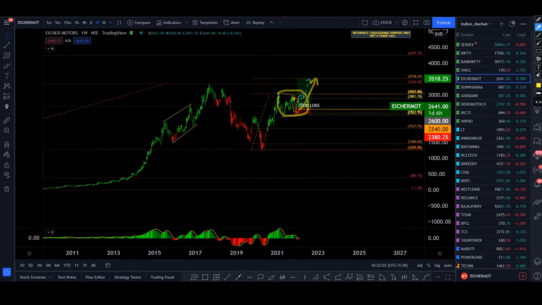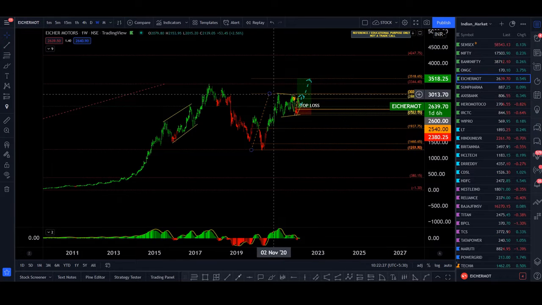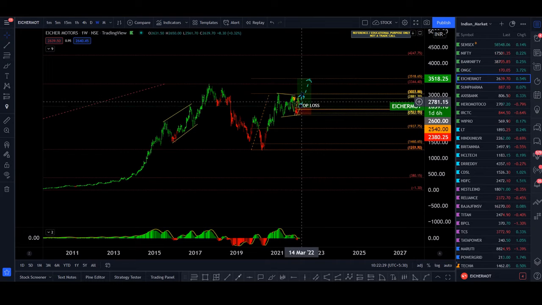We are at least expecting it to break the previous high before it makes the correction down, or it may even touch the retracement to the target point before it makes the correction for a bigger corrective wave, then for the next longer move. So at this point definitely we are in a bull market, and as it is in the corrective wave, it might now start its move up.